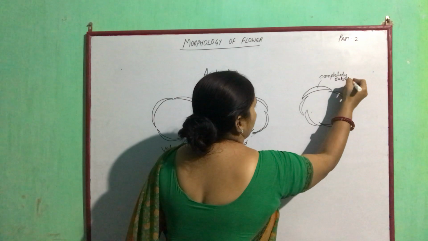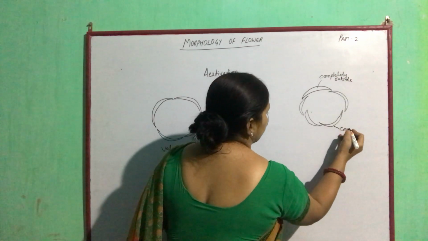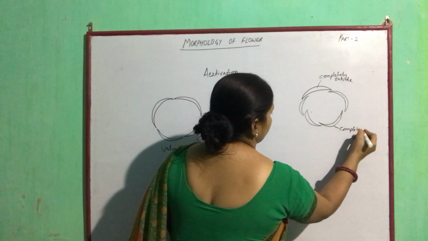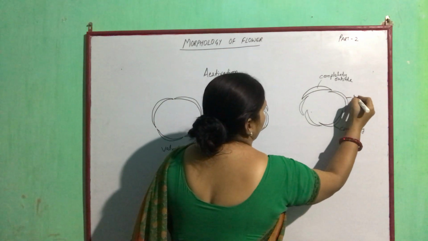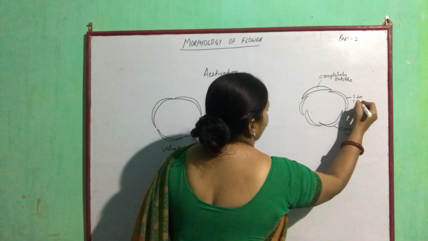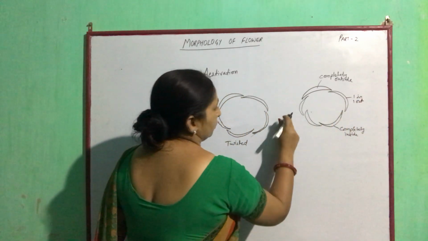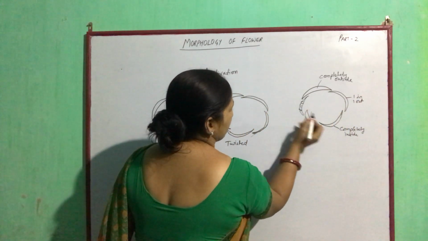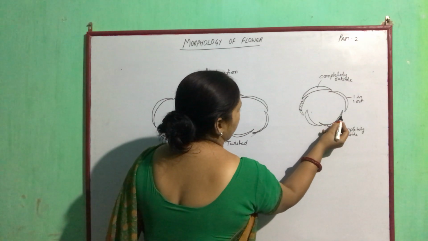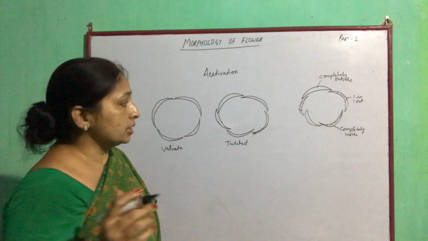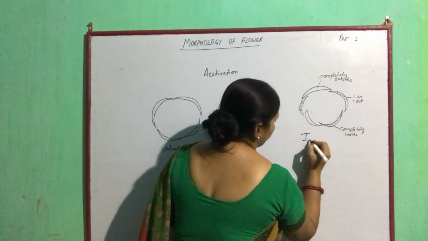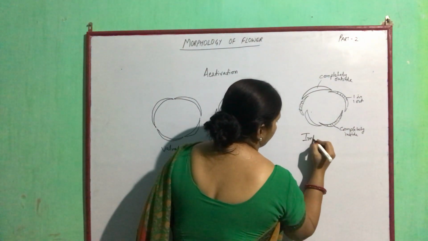This is completely inside. Here, one in, one out. So all these three structures, one in and one out. So this is termed as imbricate estivation.